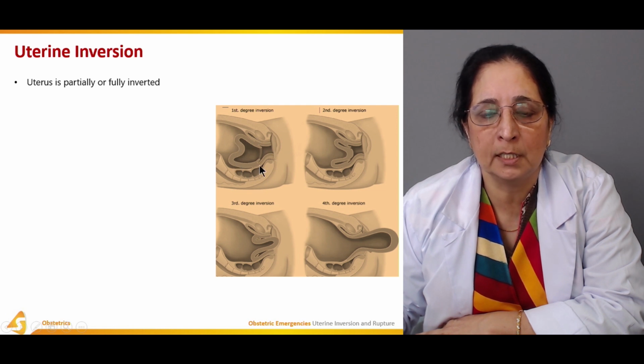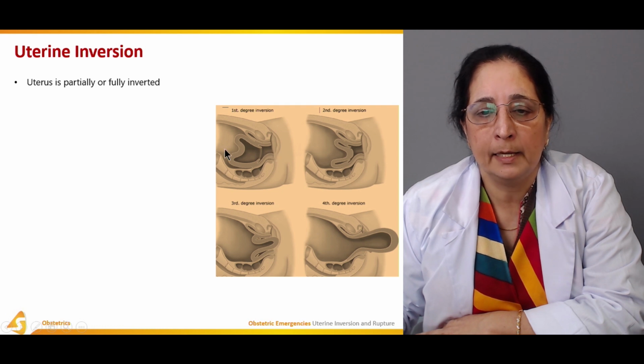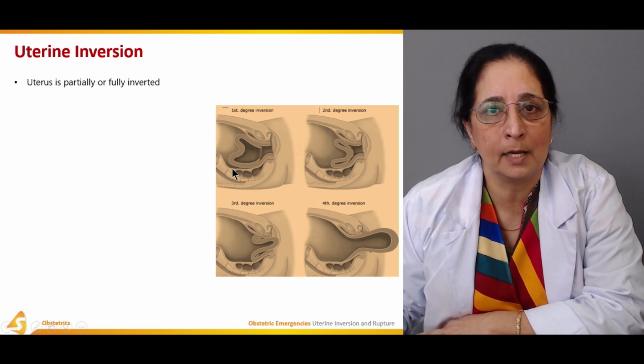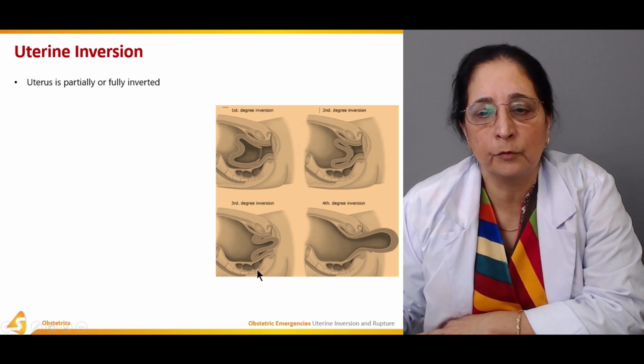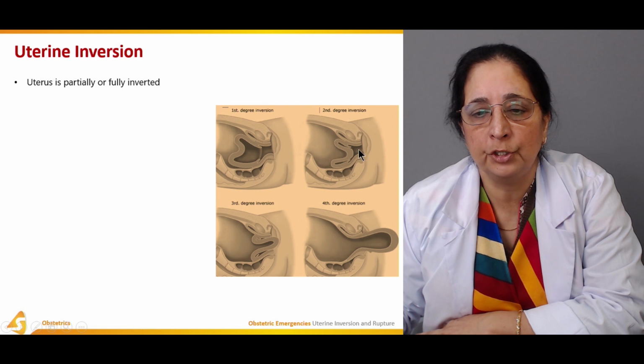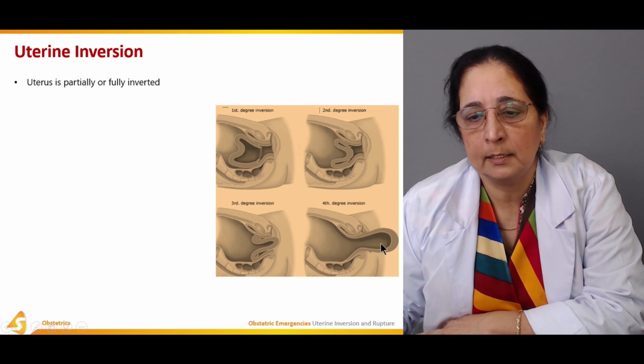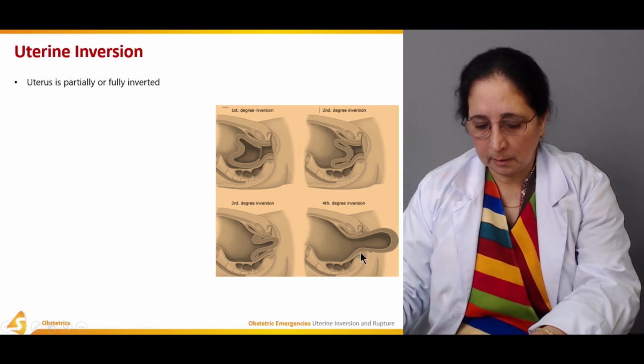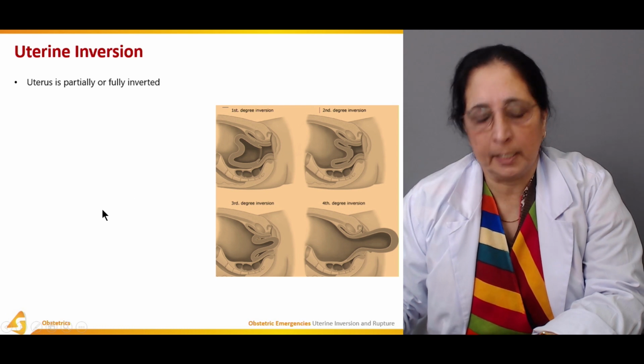You can see it's still inside, it's not out of the cervix, and it's first degree uterine inversion, not as severe as the second, third, and fourth degree. In this, the inversion is a little more than the first degree, then it's coming out, and then it's completely out. So these are the 4 types of uterine inversion.